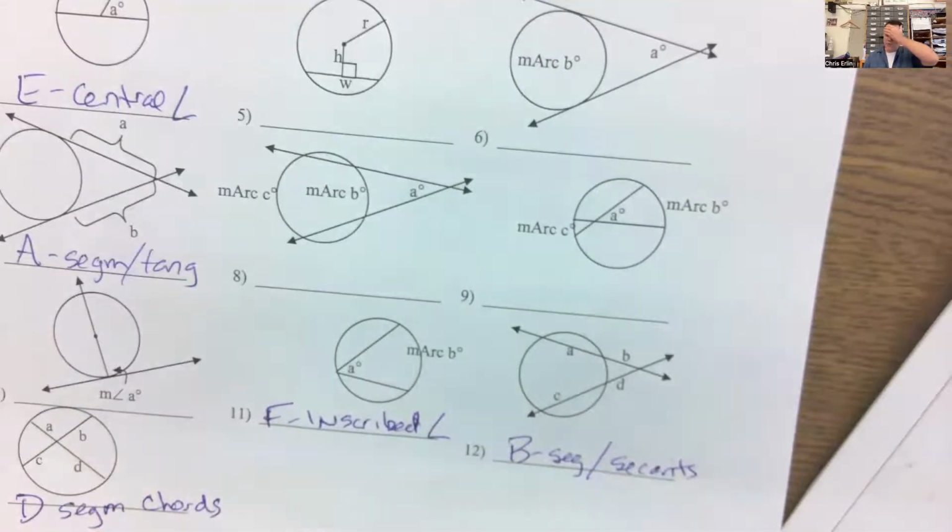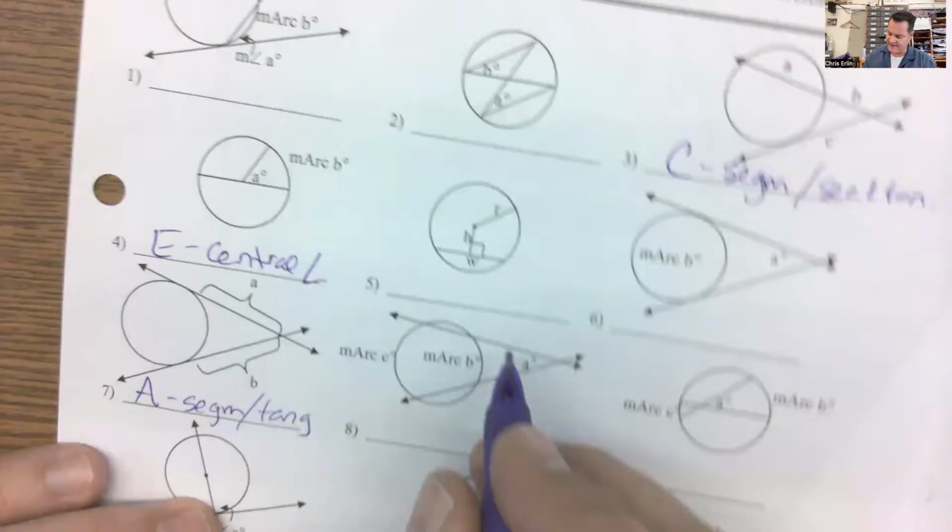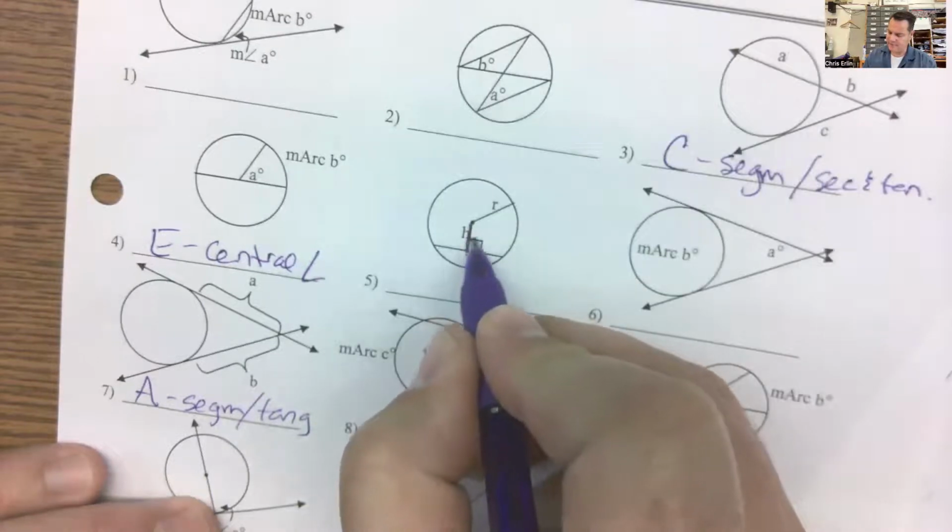G says the radius chord theorem. What do you think? You learned this last class as well, I think. What happens if a radius is perpendicular to a chord?